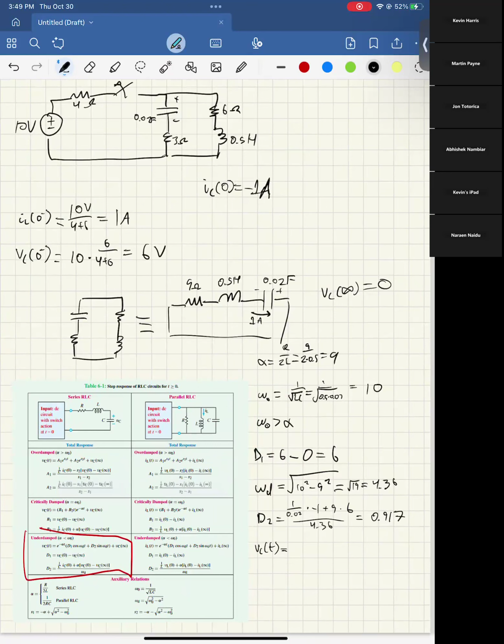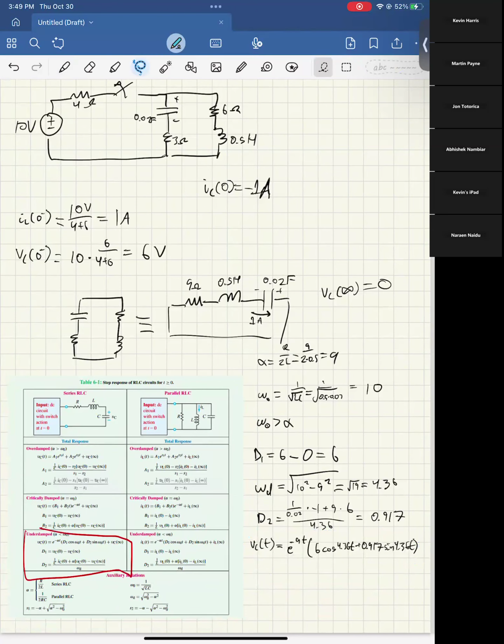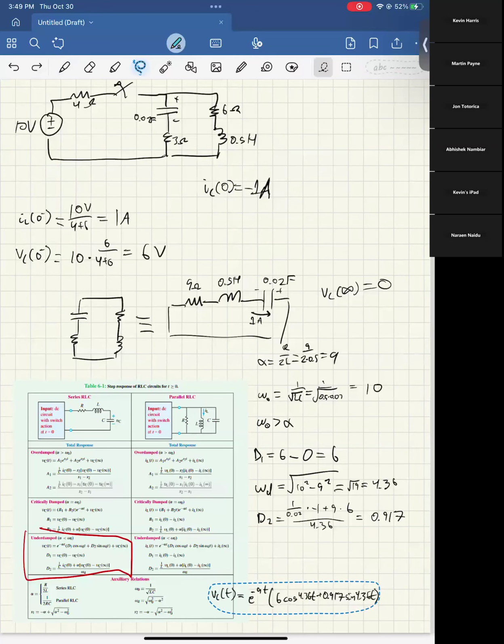VC of t equals e to the negative alpha t times D1 cosine of omega D t plus D2 sine of omega D t, plus VC of infinity, which is plus 0 volts, for t greater than or equal to 0. And so that's your answer.